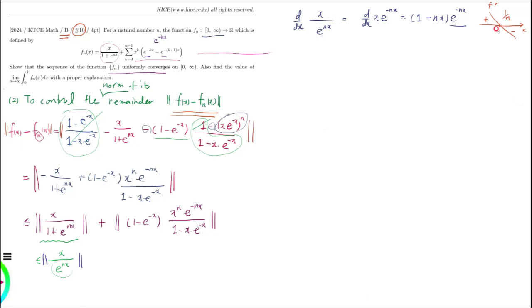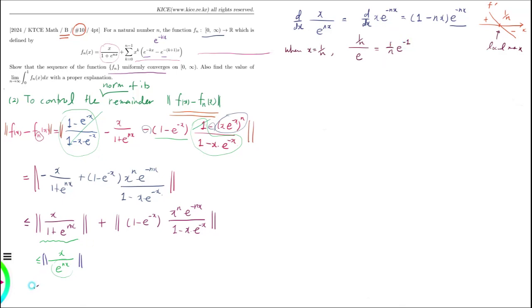So its local maximum is obtained when x equals 1 over n. Here we have 1 over n over e, which is the same as 1 over n times e to the minus 1 power.